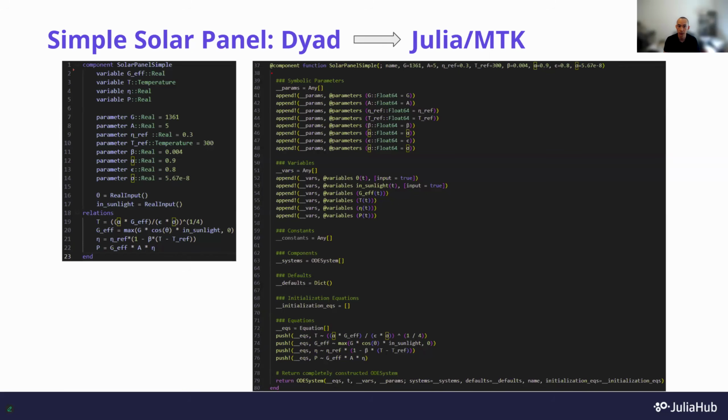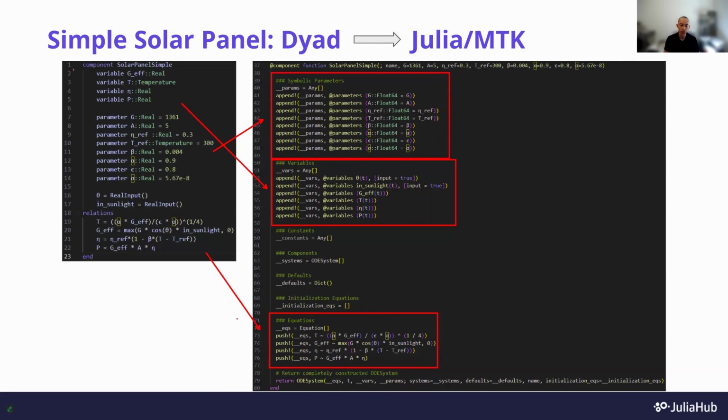In this MTK model, we have all these parameters, all the variables from the Dyad model, and of course, all the equations from the Dyad model. So this is what we mean by one-to-one mapping. The Dyad model you see on the left side corresponds to a very specific Julia model under the hood.